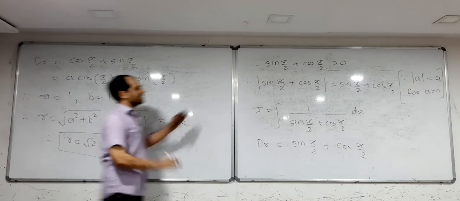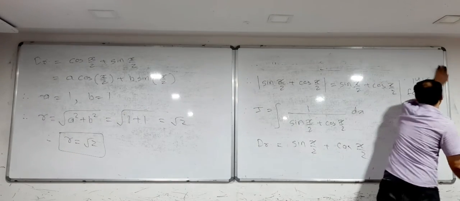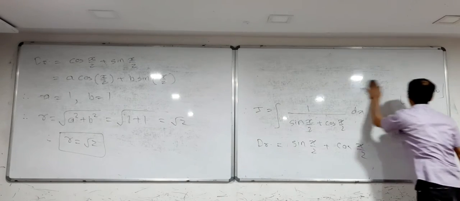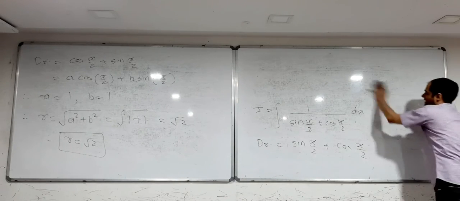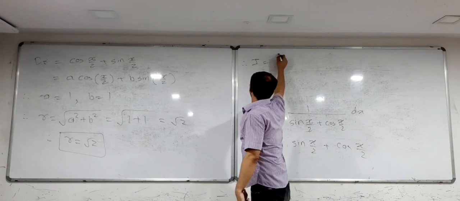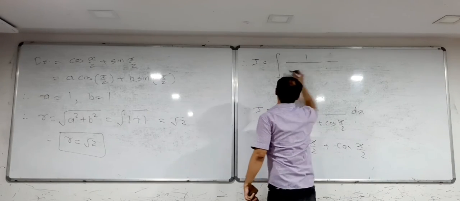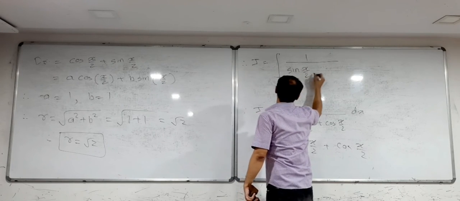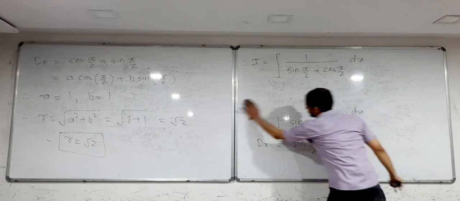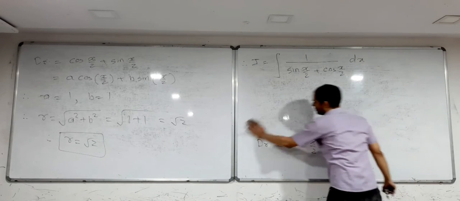तो क्या करेंगे? I को और डिनोमिनेटर में multiply and divide by r is equal to root 2. ठीक है? Right? So therefore I is integration of 1 upon sin of x by 2 plus cos of x by 2 dx. So what do we do?